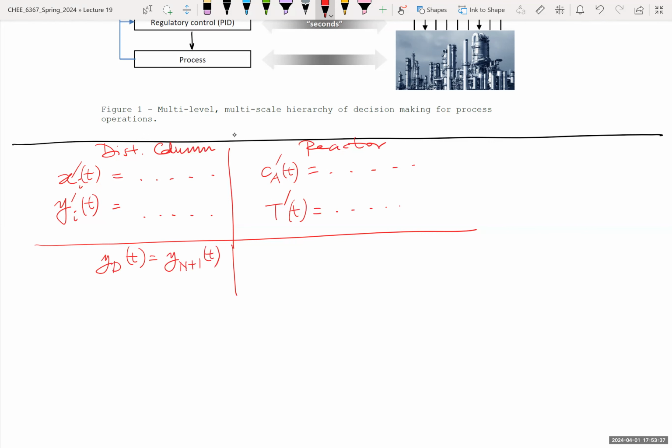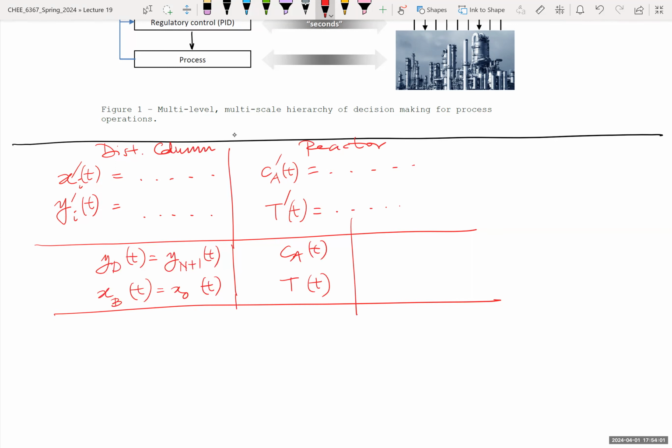And if you want the reboiler, xb is x0 of t, so you may consider the states. Same thing with the reactor. For the reactor, it may be that the first output is simply the concentration, the second output may be just the temperature, or there could be other options.